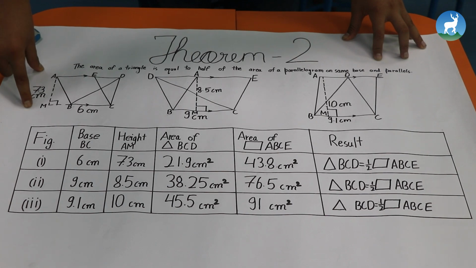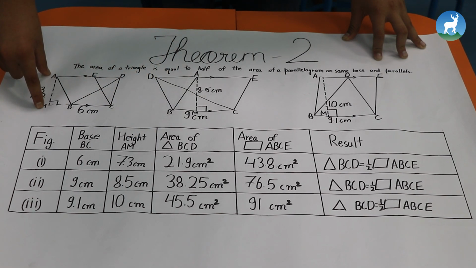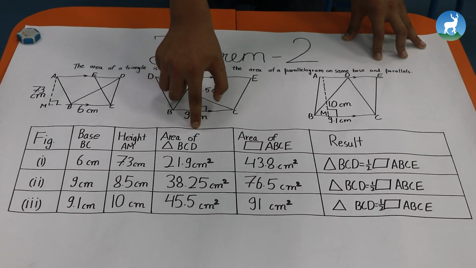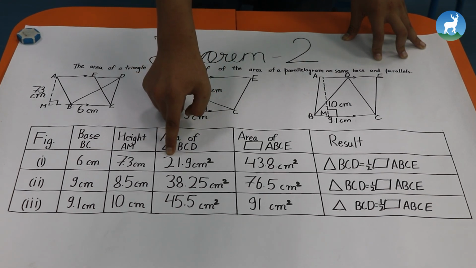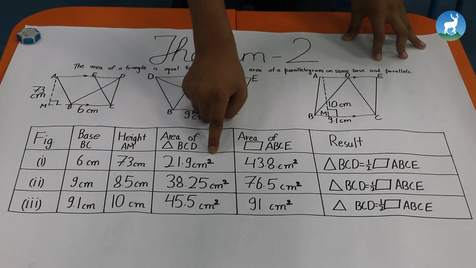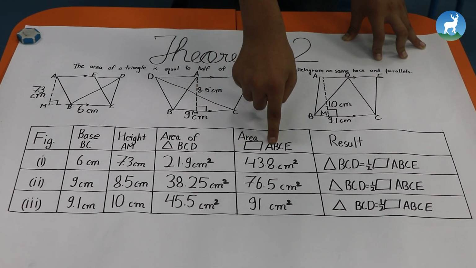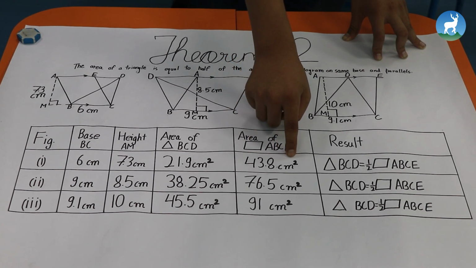From the first figure we can say that the base BC is 6 centimeters, height AM, the shortest distance, is 7.3 centimeters, and the area of the triangle BCD we can derive is 21.9 centimeter square, and the area of the parallelogram ABCE is 43.8 centimeter square.